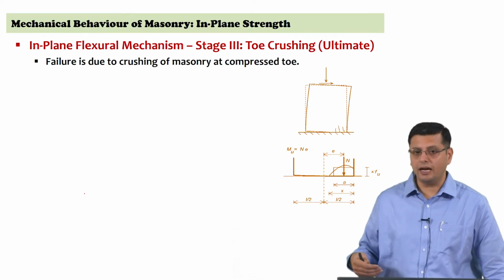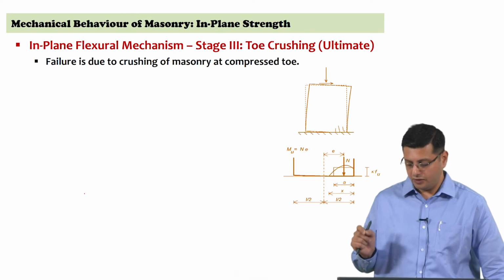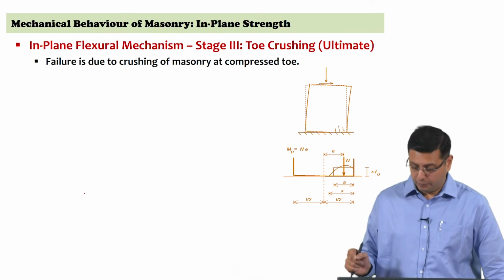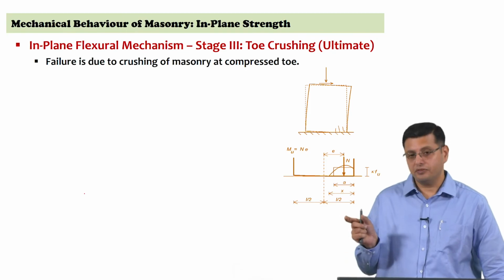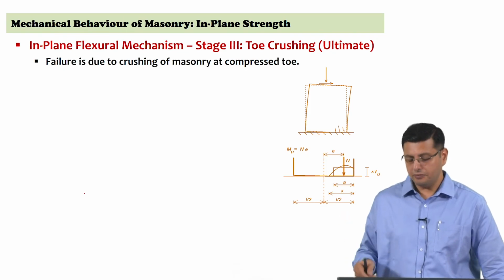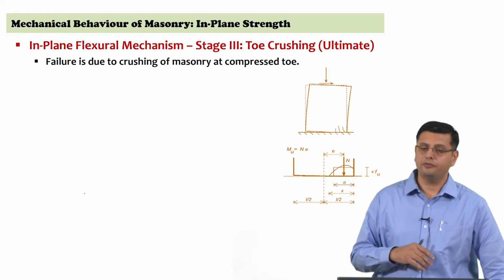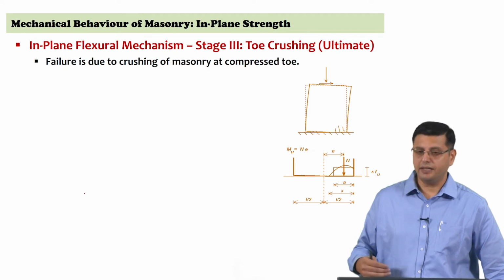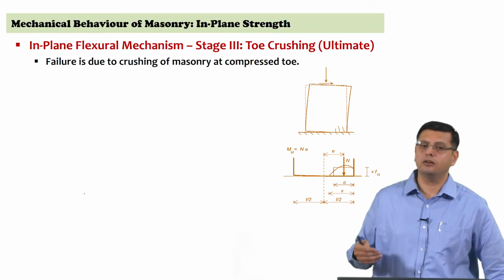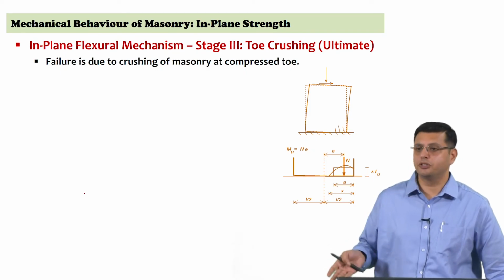Okay, so it is only in the last stage that we assume a nonlinear distribution of the stress in the compressed zone. The compressed zone is now further reduced, in this case like we did for the case of out of plane bending. We can assume that an equivalent stress block can be used to represent the parabolic distribution of stresses.